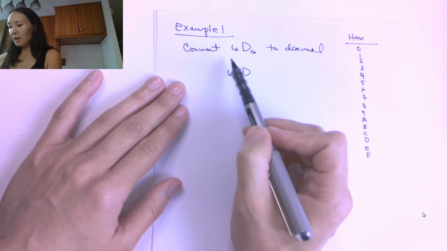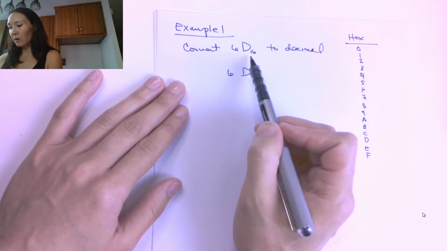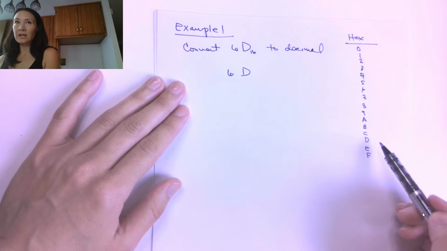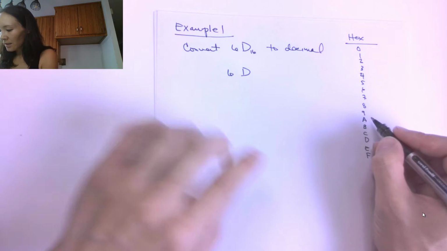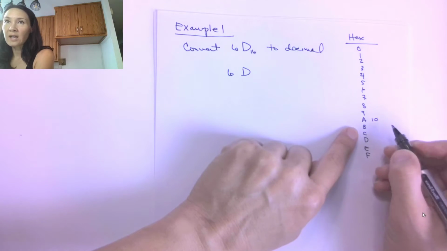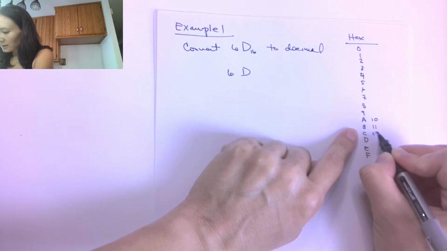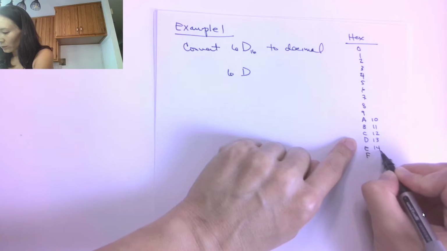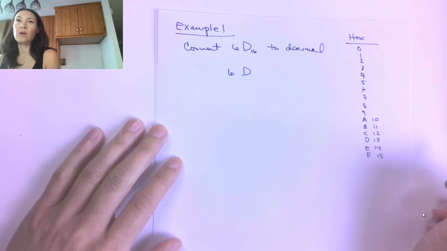So if you have to convert a hex number that actually has a letter in it, just keep in mind that A is the decimal equivalent of 10. B is like 11, C is 12, D is 13, E is 14, and F is 15, right?